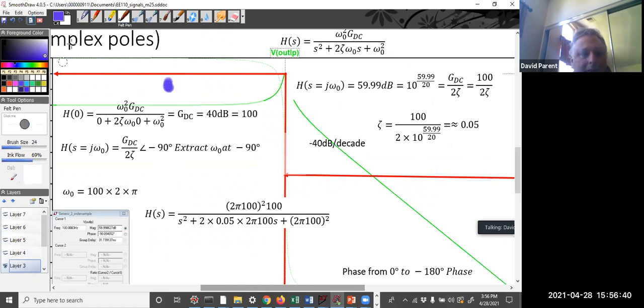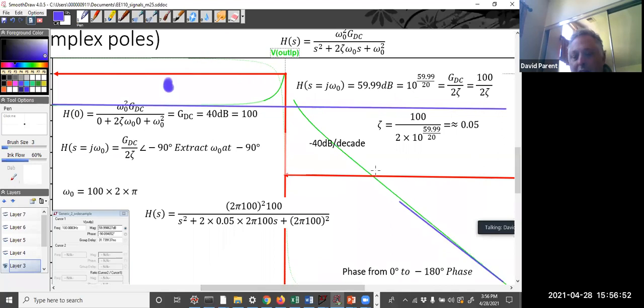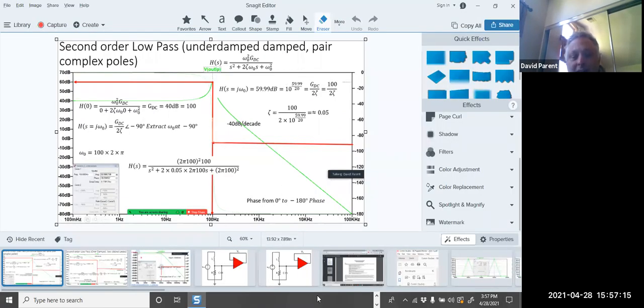So you find the low frequency part, and I would just draw the low frequency asymptote. Then I would draw the high frequency asymptote, making that nice and parallel. And see, that intersection is right there. The intersection is not necessarily at that peak. It can be very close, but it's not there at that peak.